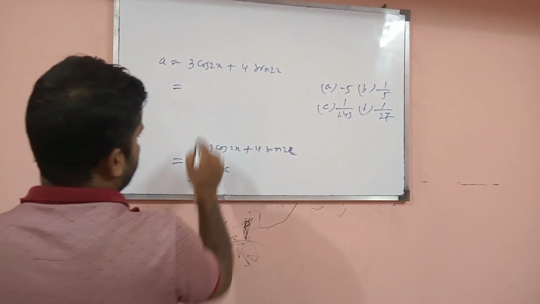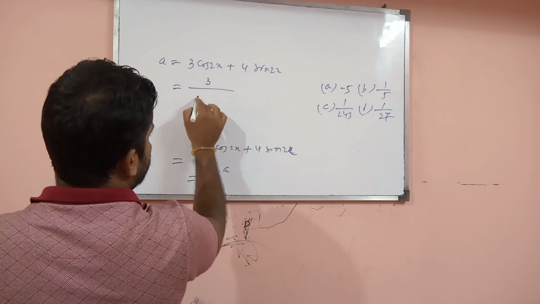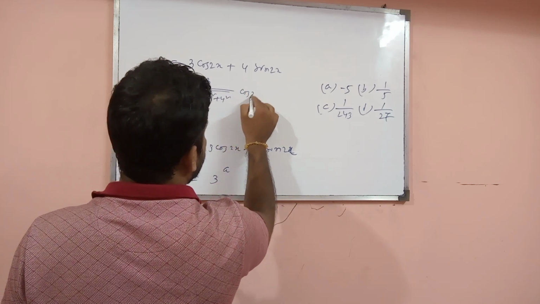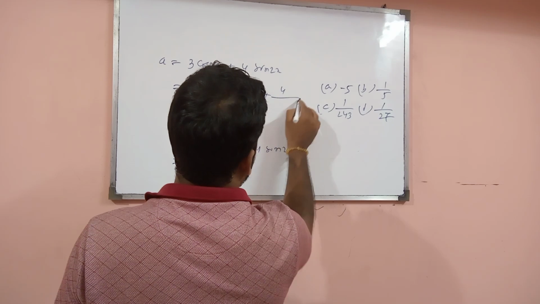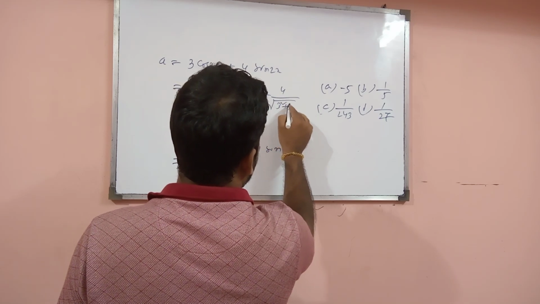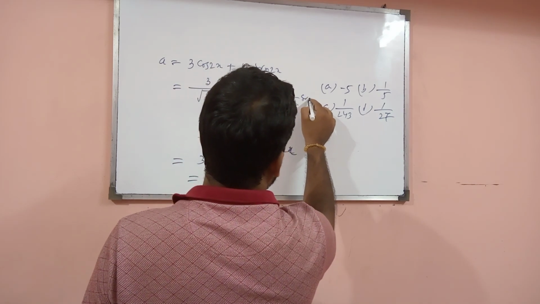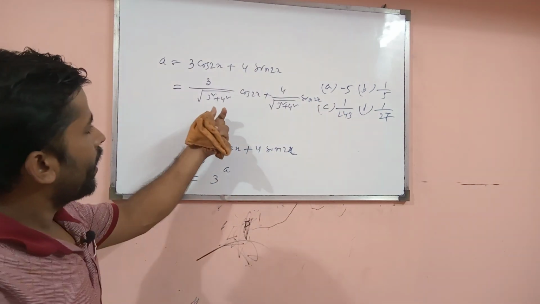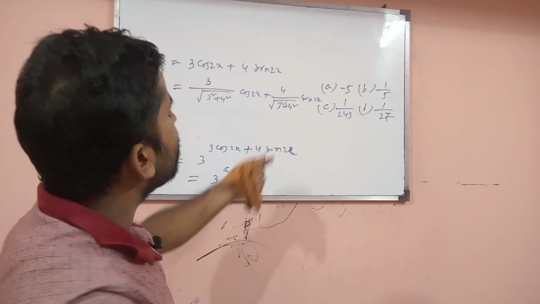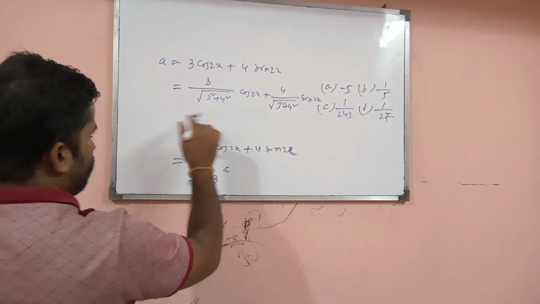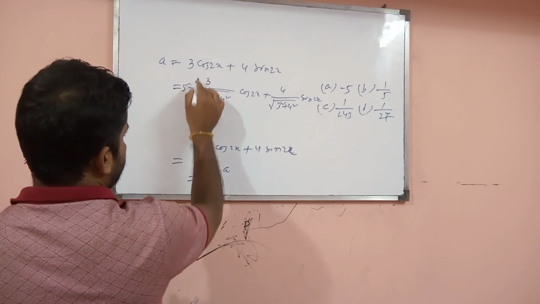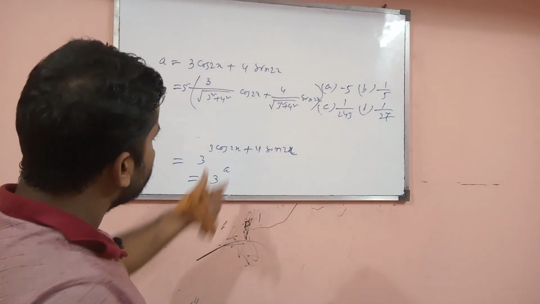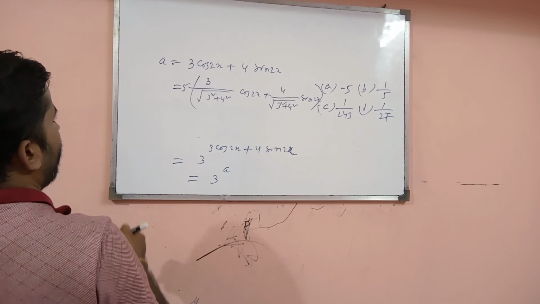Suppose this as square root of (3 square plus 4 square) times (3 by root of 3 square plus 4 square cos twice x plus 4 by root of 3 square plus 4 square sine twice x). Okay, so as we know its simplest value is 5, so to balance the sum we need to multiply it by 5. Now the sum is balanced.